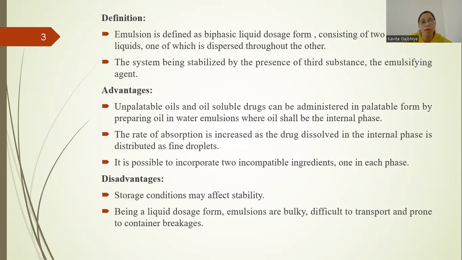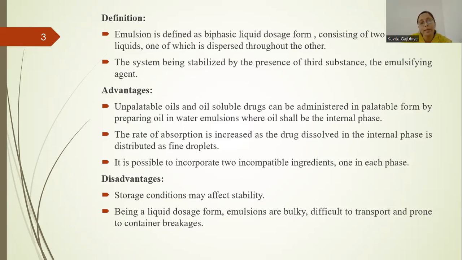So if you have two drugs which are incompatible with each other, meaning they show some reaction when we mix both drugs together, you can incorporate such two incompatible drugs, one in the oil phase of the emulsion, whereas the other you can put in the water phase of the emulsion. That is one of the most important advantages of emulsion, that you can incorporate two incompatible ingredients in the emulsion.